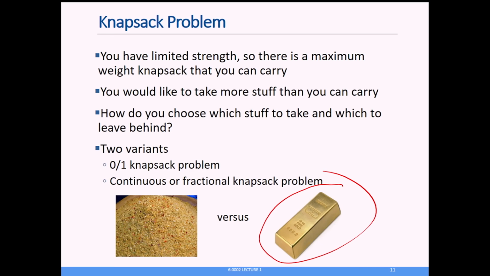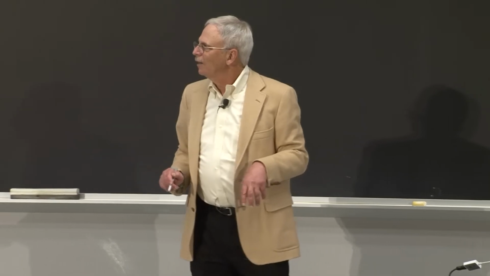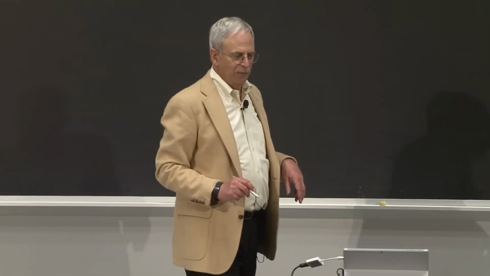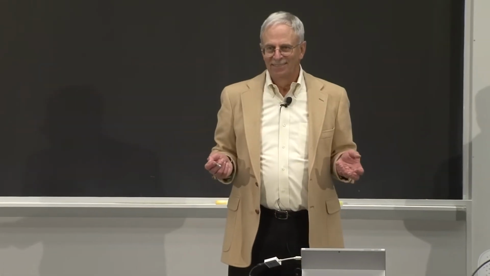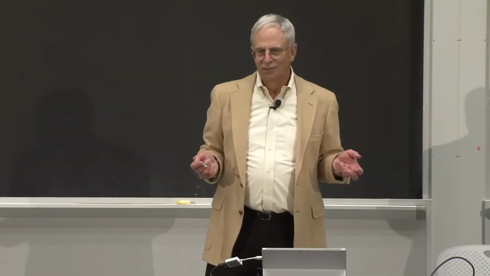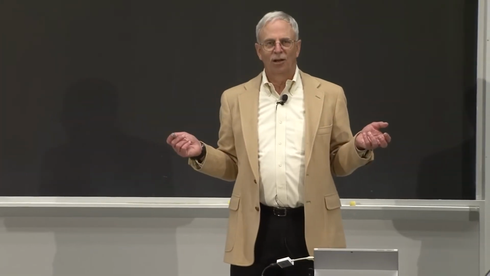The continuous or so-called fractional knapsack problem says I can take pieces of it. So maybe if I've taken my gold bar and shaved it into gold dust, I then can say, well, the whole thing won't fit in, but I can fit in a part of it. The continuous knapsack problem is really boring. It's easy to solve. How do you think you would solve the continuous problem?